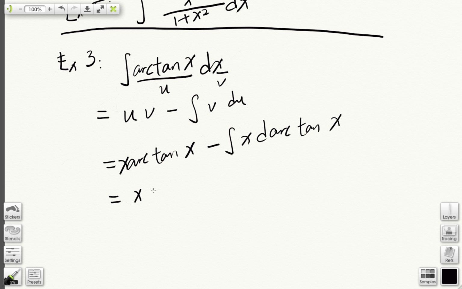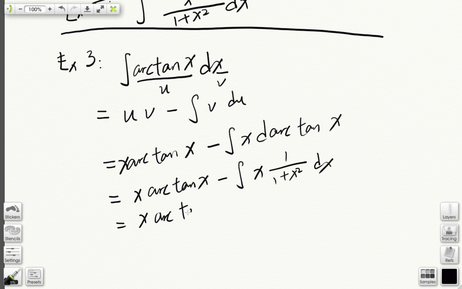This equals x times arctangent of x minus the integral of x times 1 over 1 plus x squared dx.